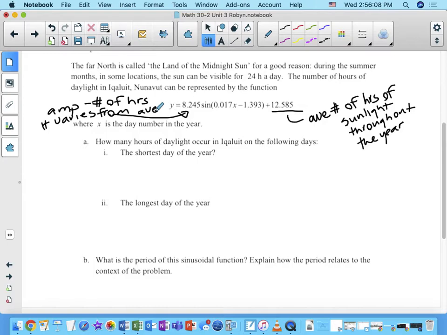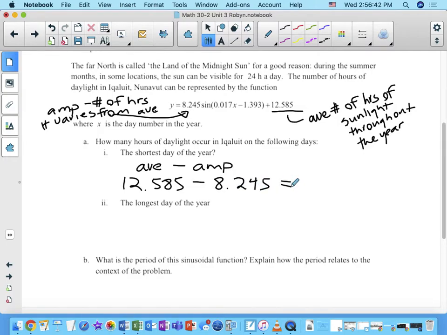We're going to get to this in a second, and in fact, we could figure that out right now. We don't have to graph it. The shortest day is going to be, well, what's the average? The average is 12.585. It's going to go down by the amount it varies, minus the amplitude. So we're going to go 12.585. We're going to subtract the amount that it varies by, minus 8.245.